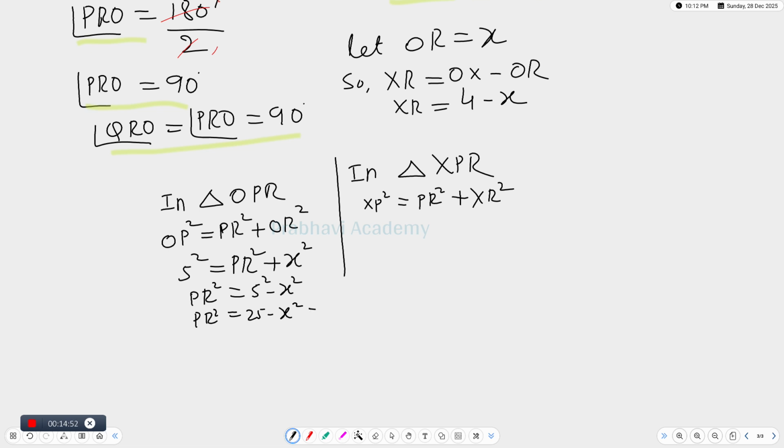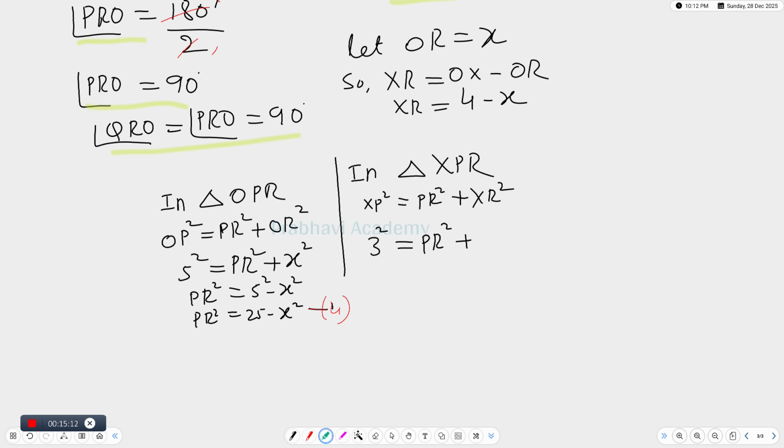Okay. So this I will take as equation number 4. And this side, XP is the radius of the second circle. It is given 3, so it is 3 square, equal to PR square plus XR square.